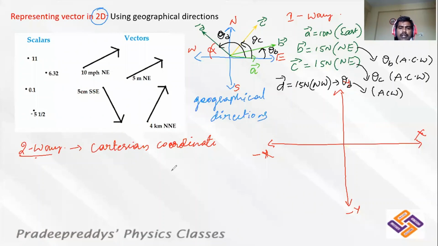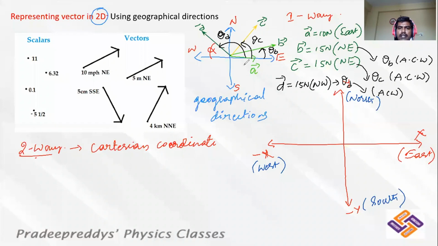Now coming to Cartesian coordinate system, there is another way which you can use in order to represent a vector in Cartesian coordinate system. I'll be explaining that clearly. See, we have a Cartesian coordinate system. This x-axis, it is representing east, right? Similarly, y-axis, it is representing north. And this is representing west. It is representing south.